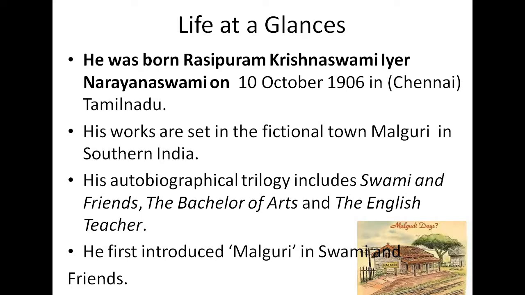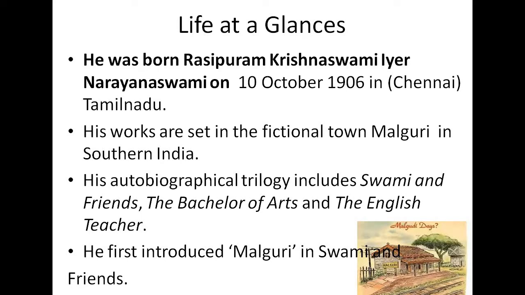He wrote 15 novels. Of those 15 novels, 14 novels are set in the fictional town Malgudi. His writing is compared to the writing of William Faulkner, because William Faulkner was an American writer whose novels were set in the fictional town Yoknapatawpha.